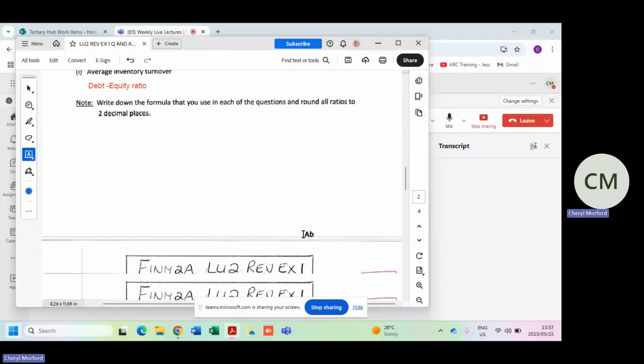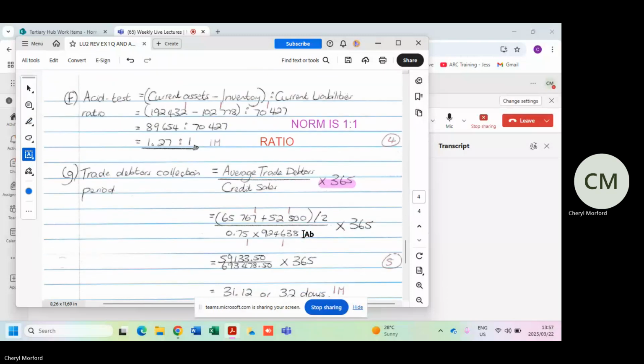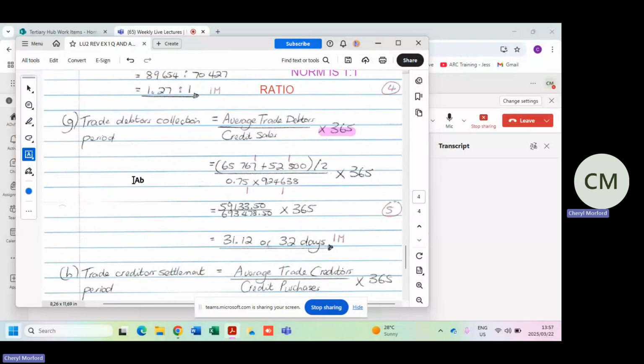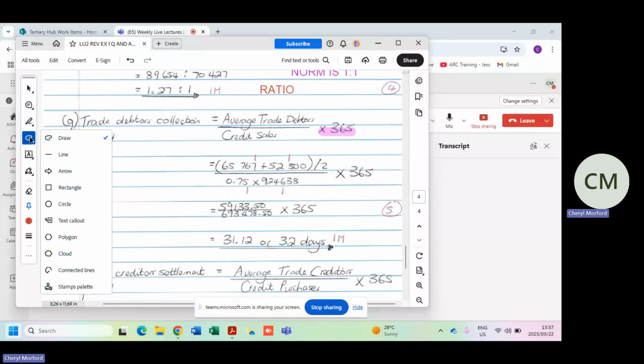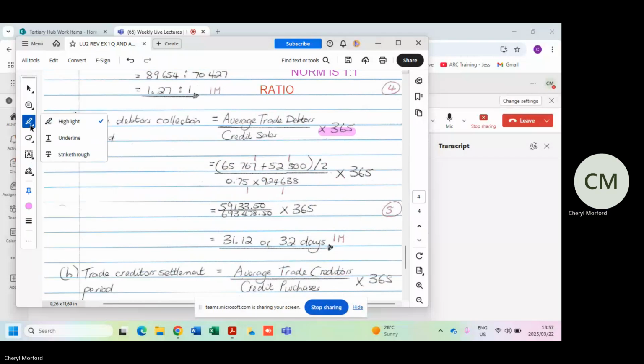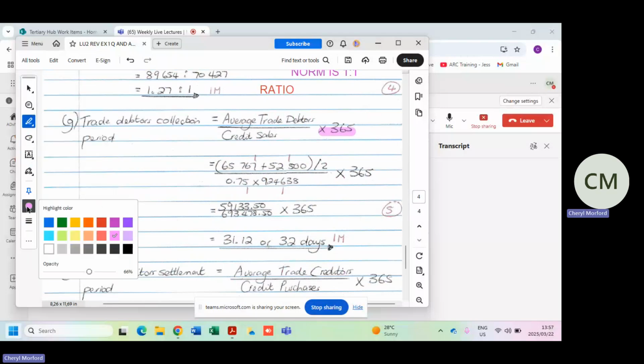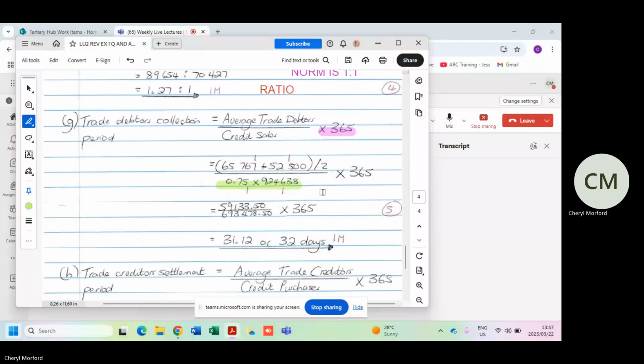So let's insert the values. Here, it will look like this. Let's get another color for a change. There, see here? The 0.75, which is the 75% of your total sales.